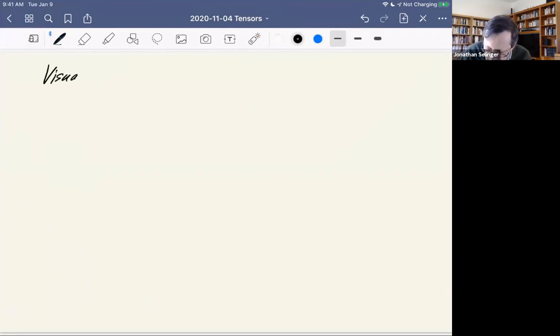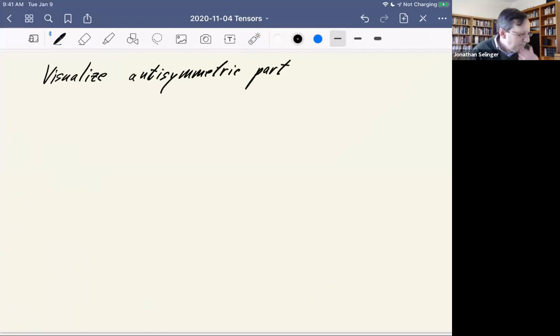If I want to visualize the anti-symmetric part, I have an anti-symmetric tensor, Aij. The point is that this anti-symmetric tensor can be mapped onto a pseudovector.